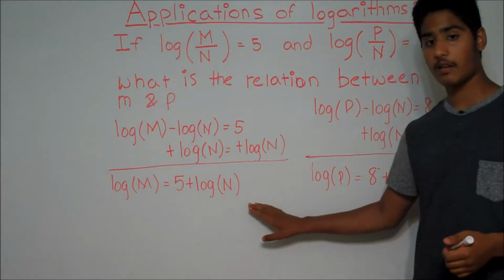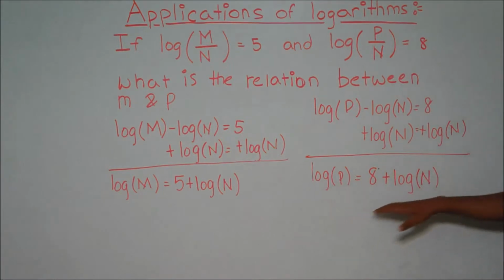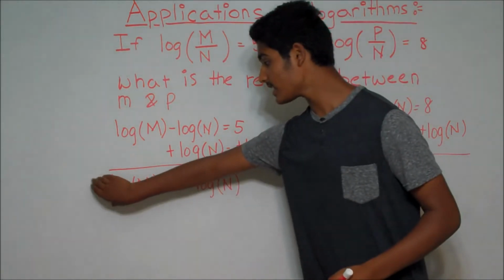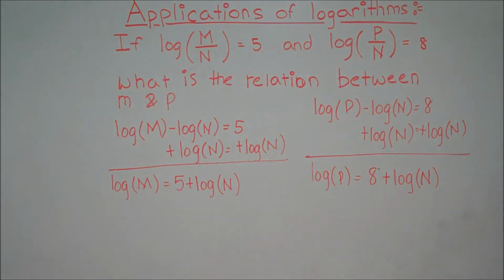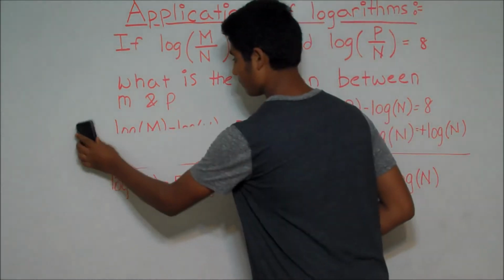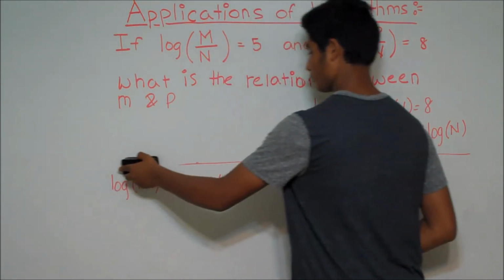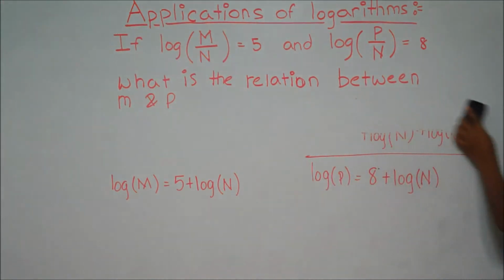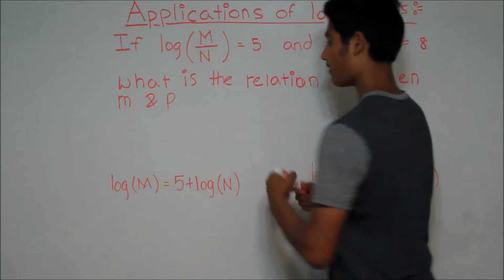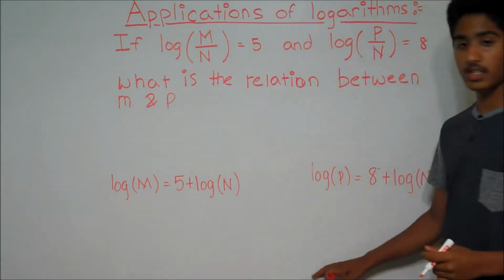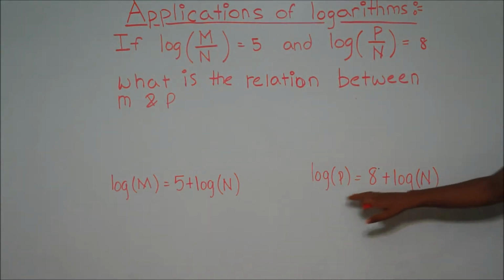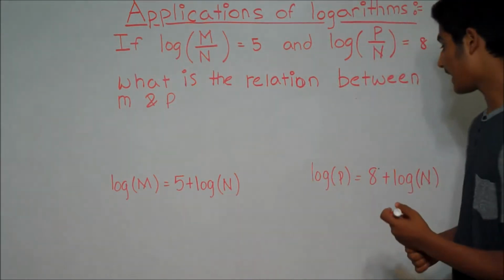Well, because we know that in both these equations there is the same value, log of n, we can just subtract one equation from the other. So let's erase this stuff and move these equations up. First we're going to subtract the m equation from the p equation because we know that 8 is greater than 5 and we don't want to get into negatives.